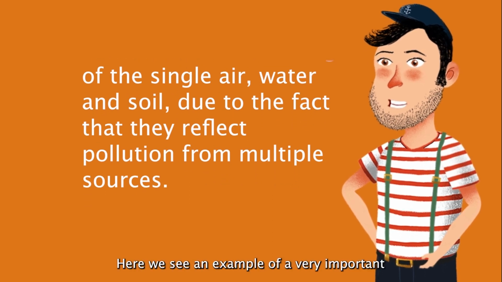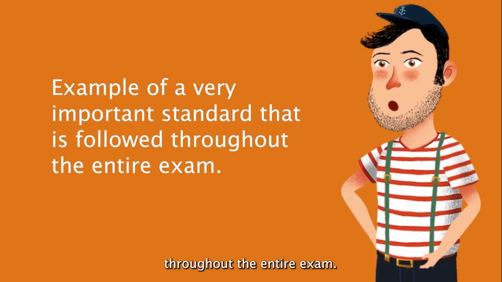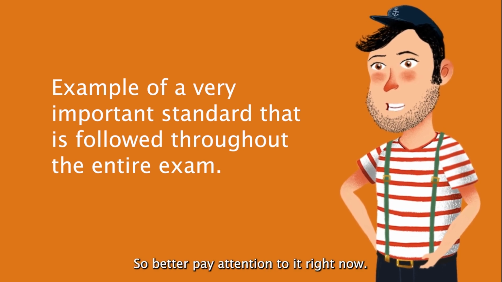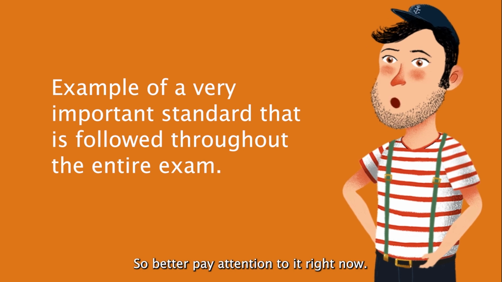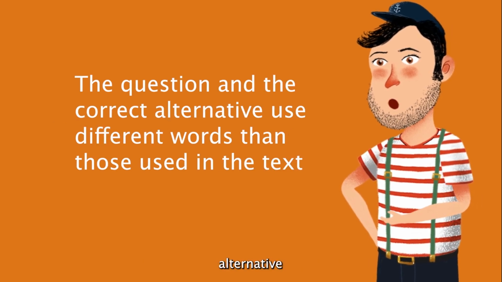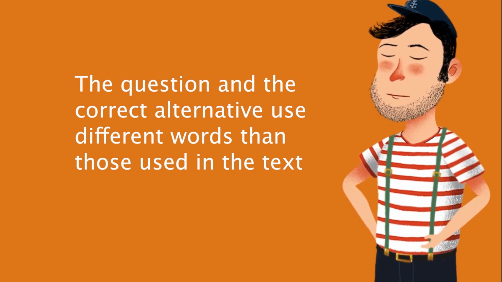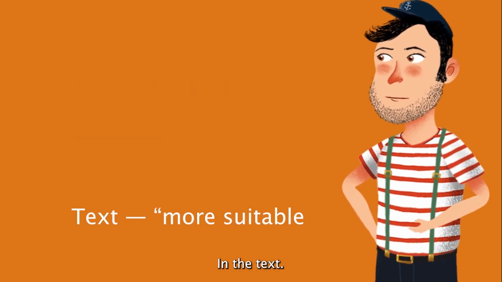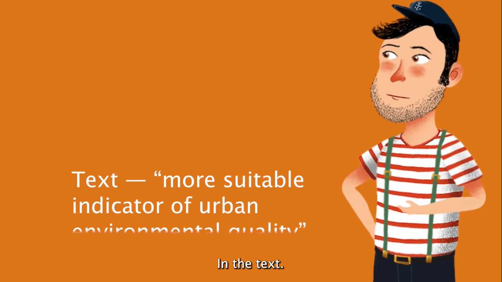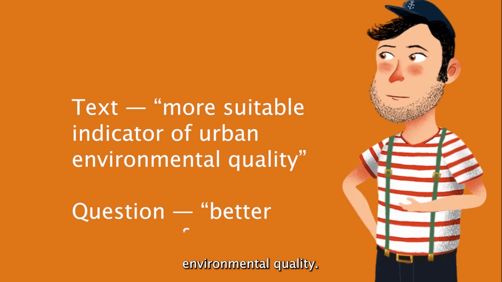Here we see an example of a very important standard that is followed throughout the entire exam. So better pay attention to it right now. Notice how the question and the correct alternative use different words than those used in the text. Have a look. In the text, more suitable indicator of urban environmental quality.